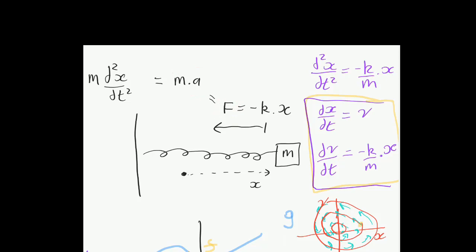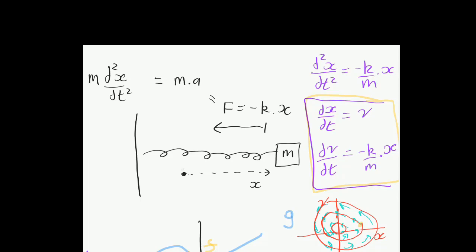The position of this mass on the spring is recorded by this number x. We could think that there's a particular zero setting, which would be where this mass would be when it's at rest, in other words when we just let the system settle to its equilibrium or fixed point.